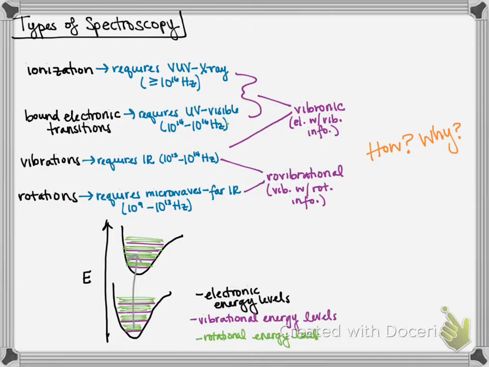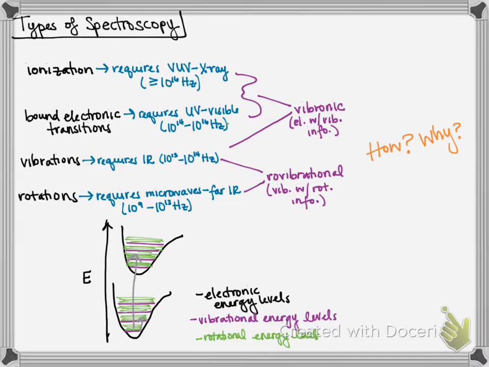For rovibrational, we could think about maybe going from here to here and having that information within the vibrational energy spectrum of the rotational energy level that we started from and that we ended in. And that's kind of interesting.